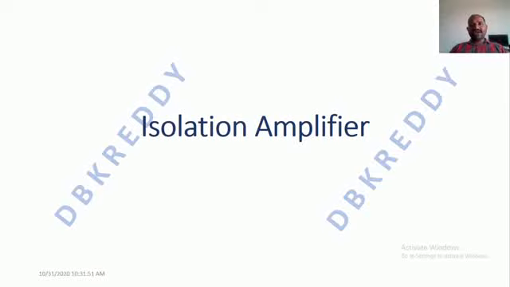For example, take the ECG. We have the strips, and we connect sensing devices, or sensors, at different parts of the body, and those are connected to the ECG equipment. Between the wires connected to the human body and the measuring instrument, I use the isolation amplifier.